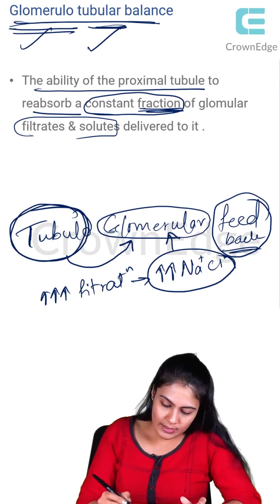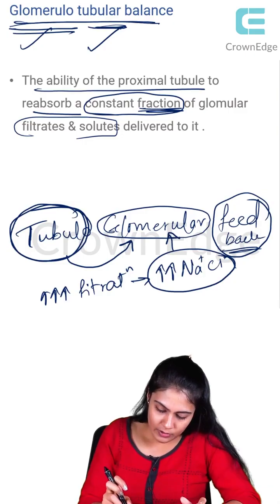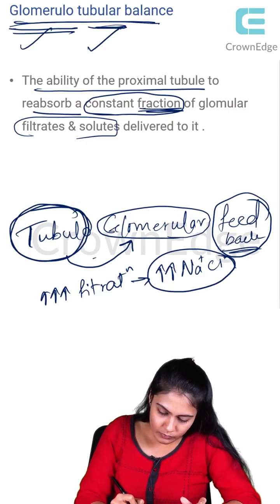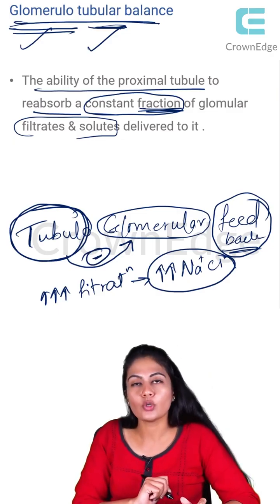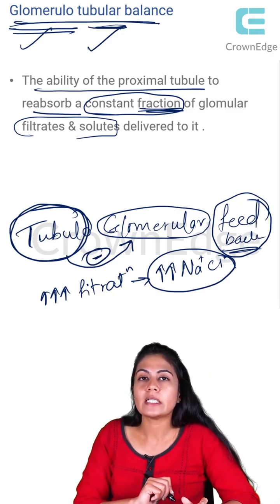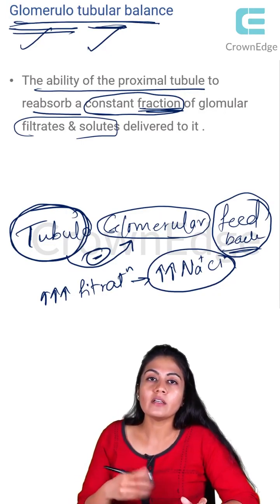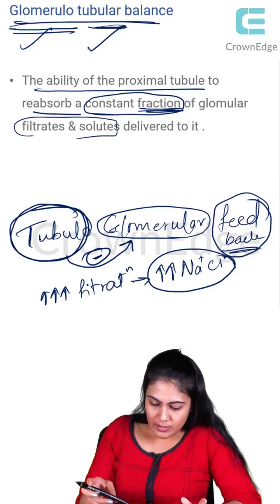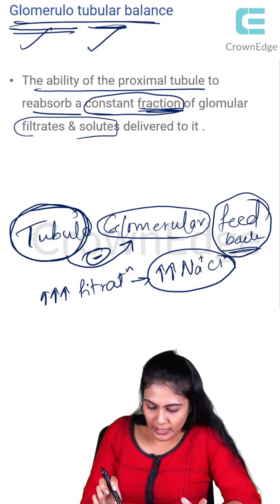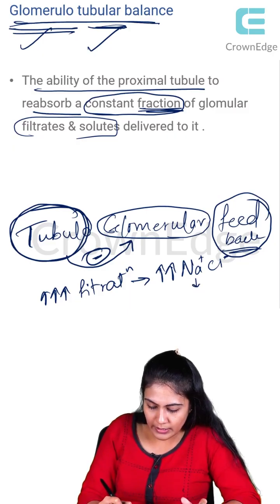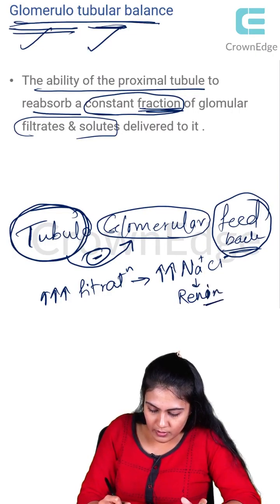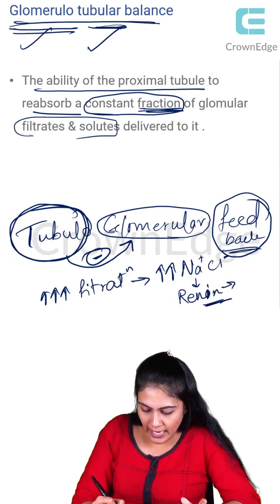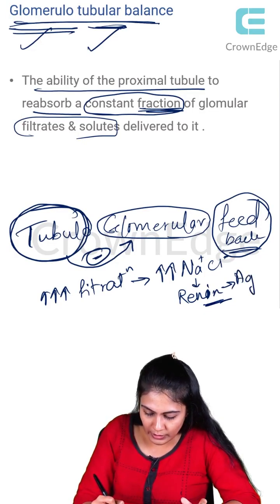So they give the feedback, and the tubules will inhibit the glomerulus by secreting renin and activating the renin-angiotensin system. Once the sodium and chloride levels are high, they secrete renin, which ultimately forms angiotensin 2.